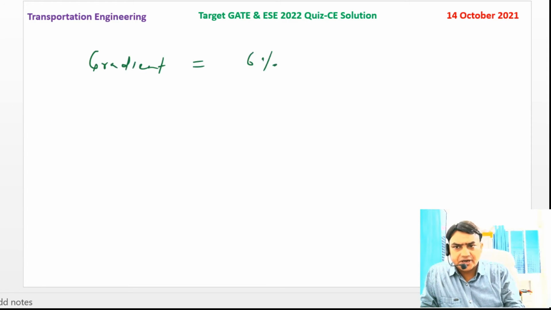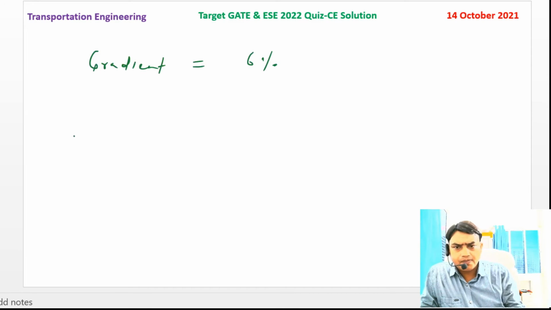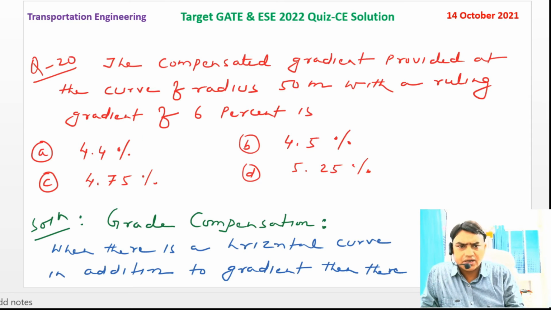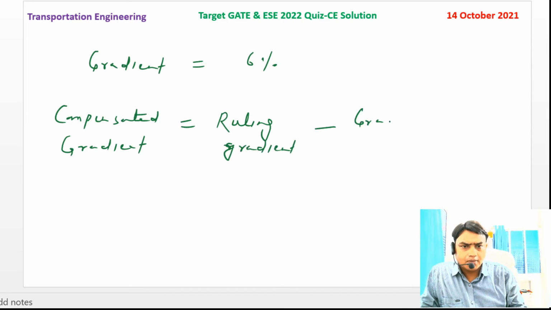So the compensated gradient can be computed as: compensated gradient is equal to the ruling gradient minus grade compensation.